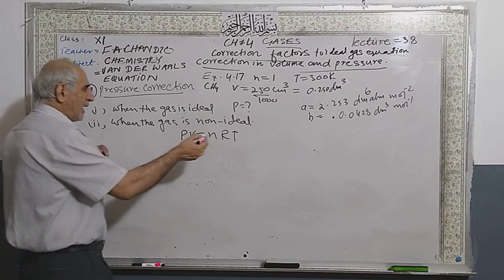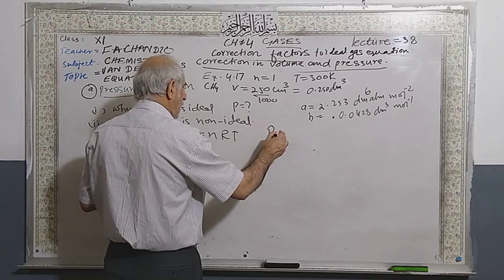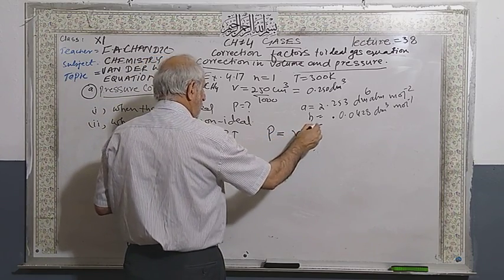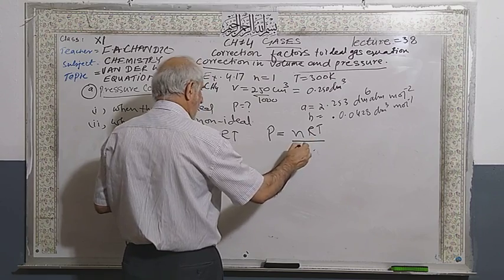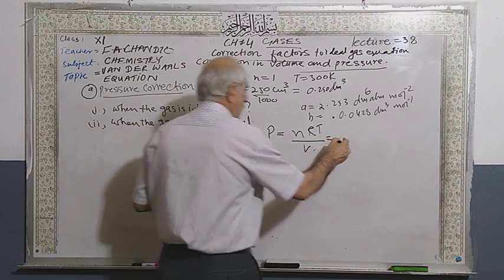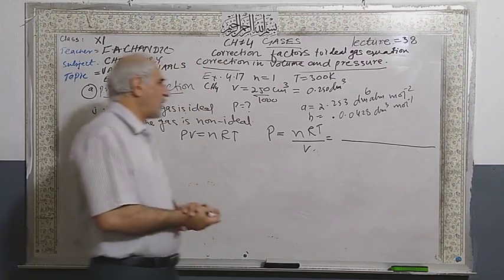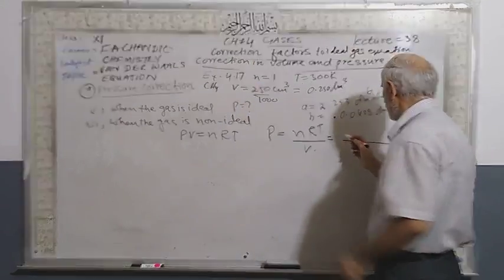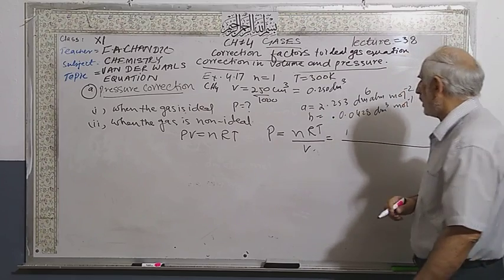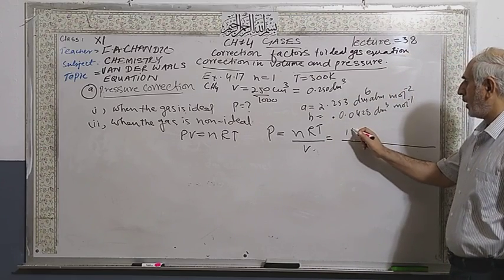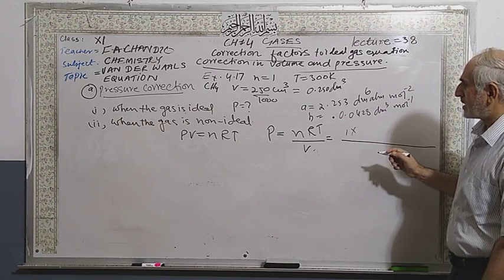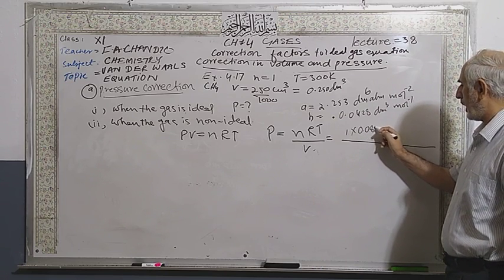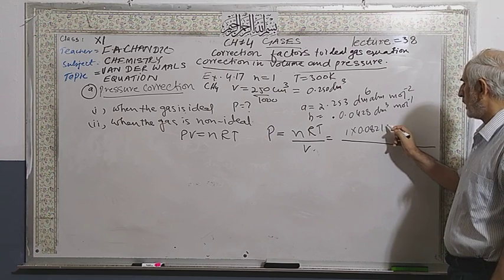So for the ideal gas, calculate the pressure: P is nRT divided by V. So students, put the values here. The number of moles is 1 mole. R, the general gas constant, is 0.0821.